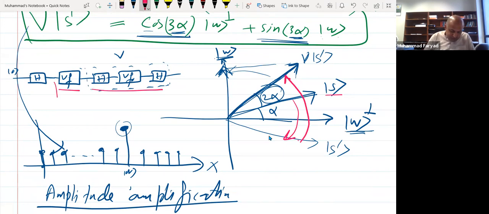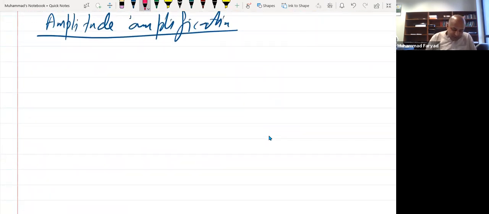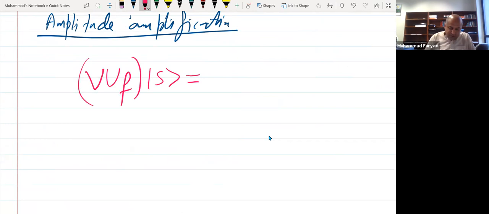So the total impact of UF and V is rotating the state by 2 alpha from here to here. So if I describe the total impact of UF and V combined on state S, it went from S to S prime and then to another state, which we are calling VS, that was like this.